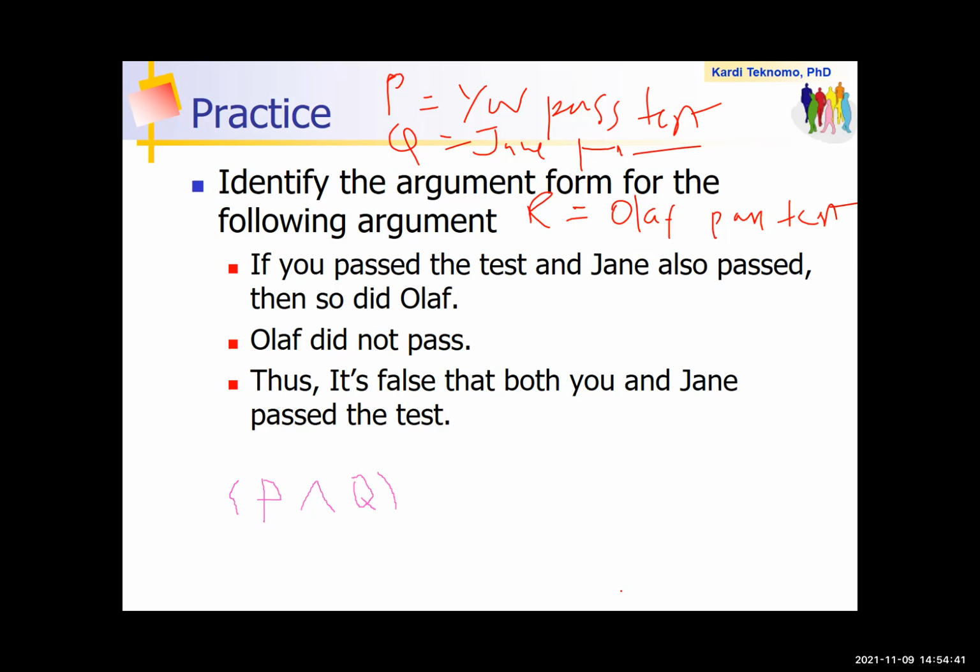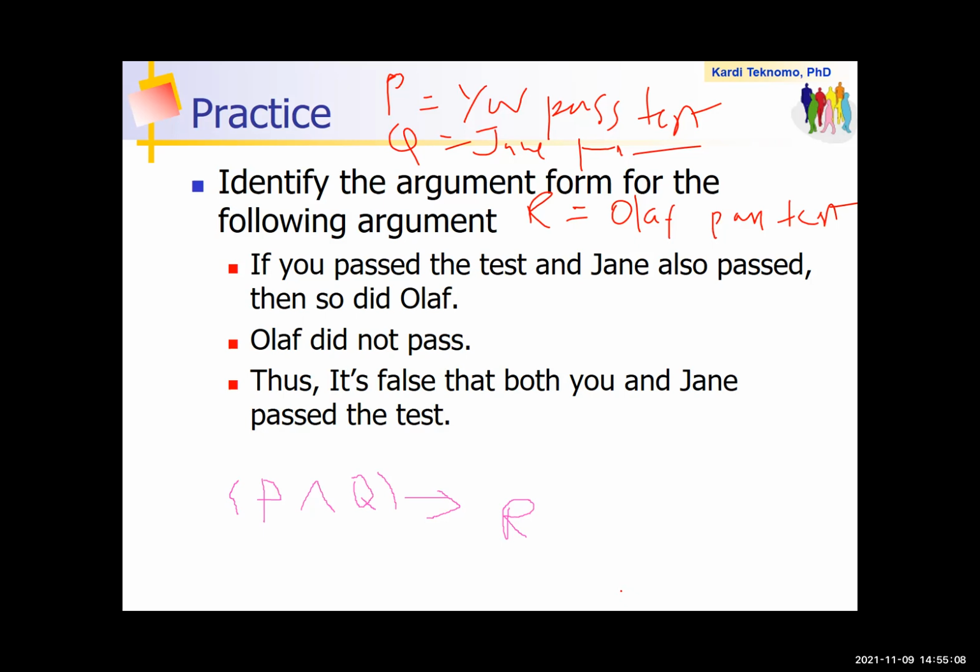But this is if-then. Then you will do what? Arrow. Yeah. Arrow to R. Correct. And then the second premise. So you put N. Right?